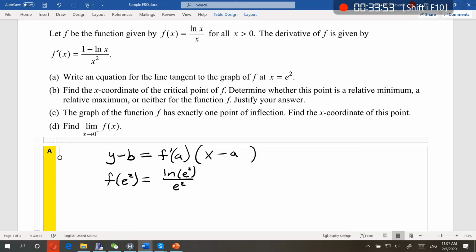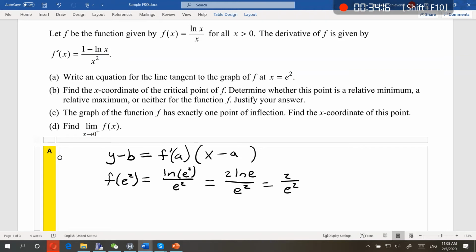I can use properties of logarithms to break this apart. With my power property of logarithms, this would be 2 times the natural log of e, over e squared. The natural log of e is 1, so that's 2 over e squared. Okay, so I've got our y value.